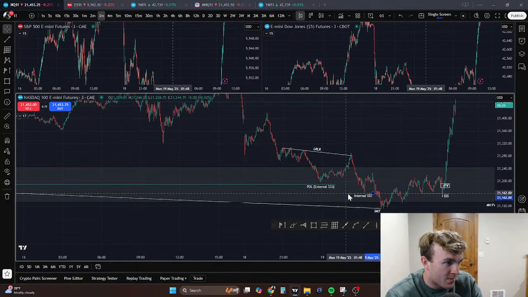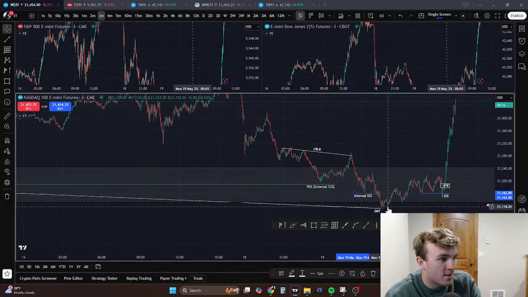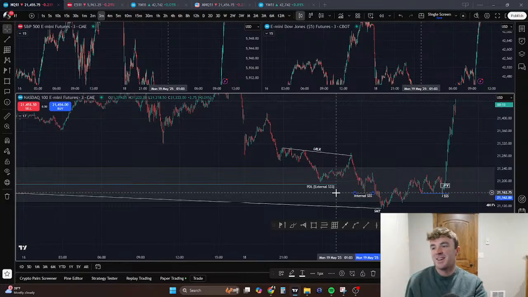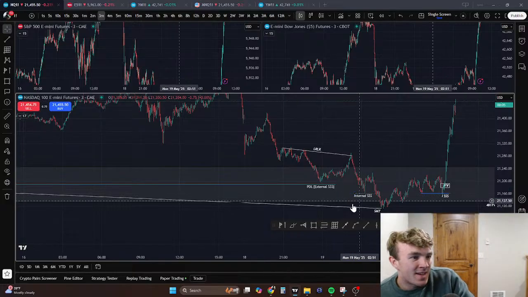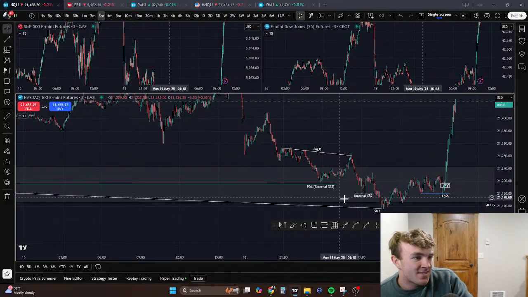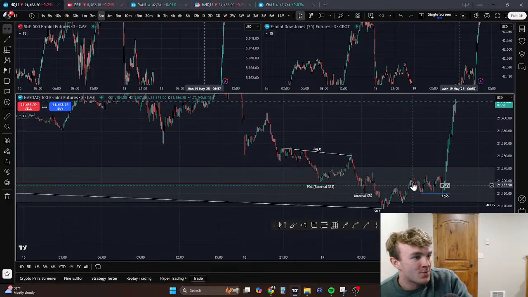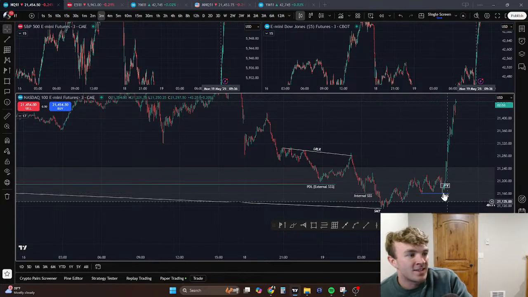But yeah, what I'm realizing is anything on the left-hand side of the curve is either external or internal sweep. But then once it gets onto the right-hand side of the curve, that's the inducements.